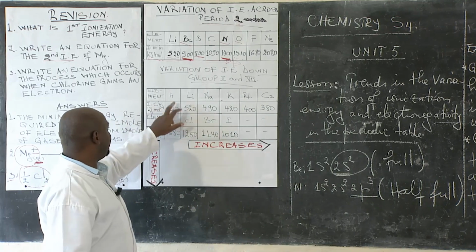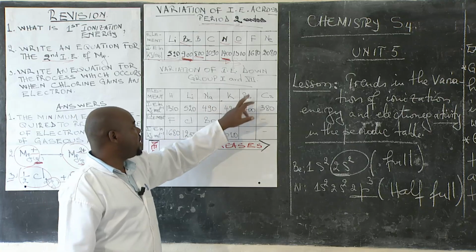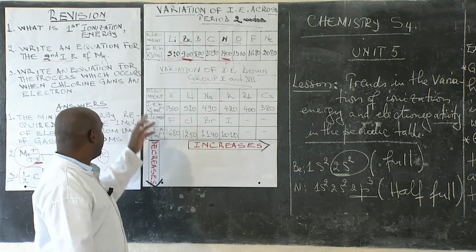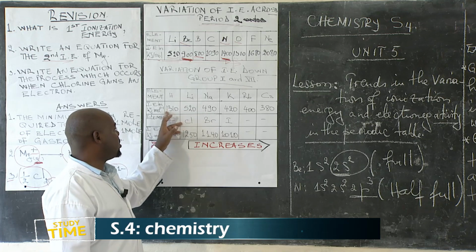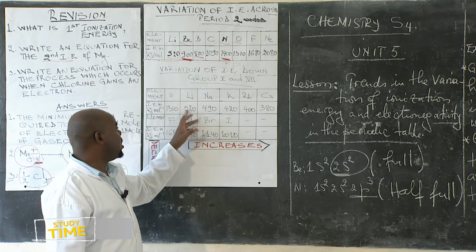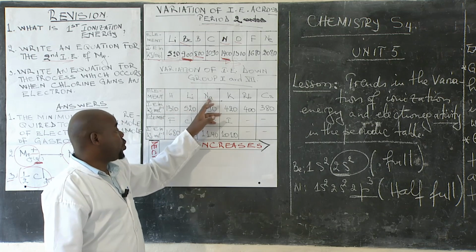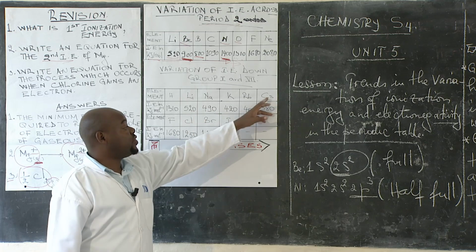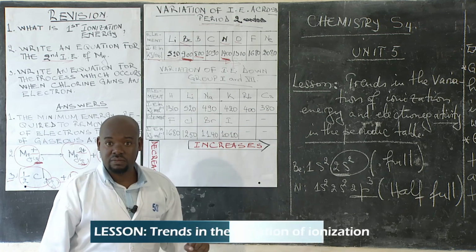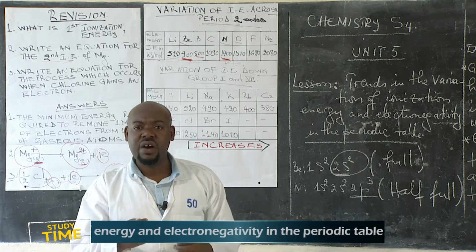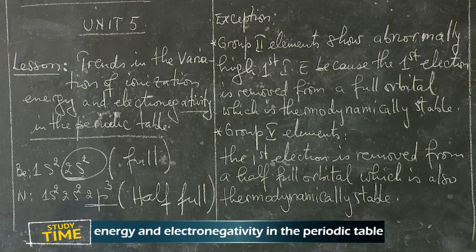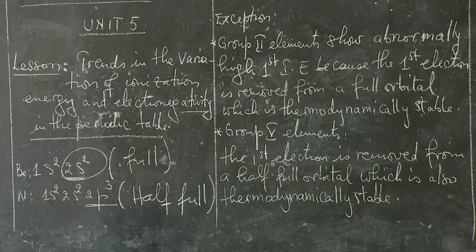Group 1, we have hydrogen, lithium, sodium, potassium, rubidium, and cesium. Ionization energy in kilojoule per mole, we have for hydrogen, it is 1,310, lithium 520, sodium 490, and for cesium, it is 380. So it is decreasing as we move down the group. That is for metals. Is it the same for non-metals? Let's have a look.